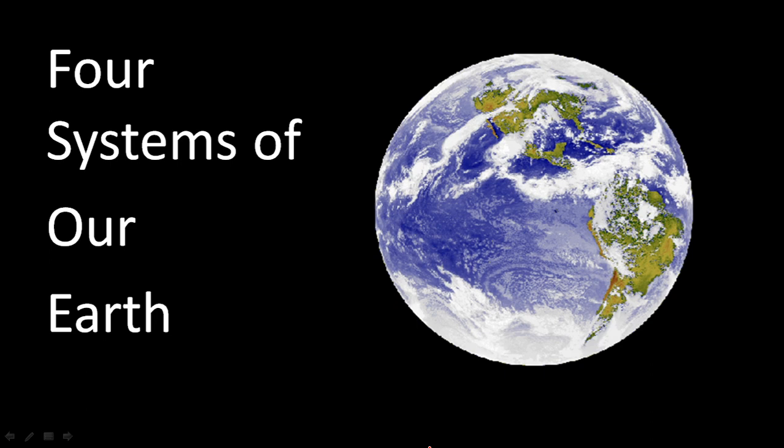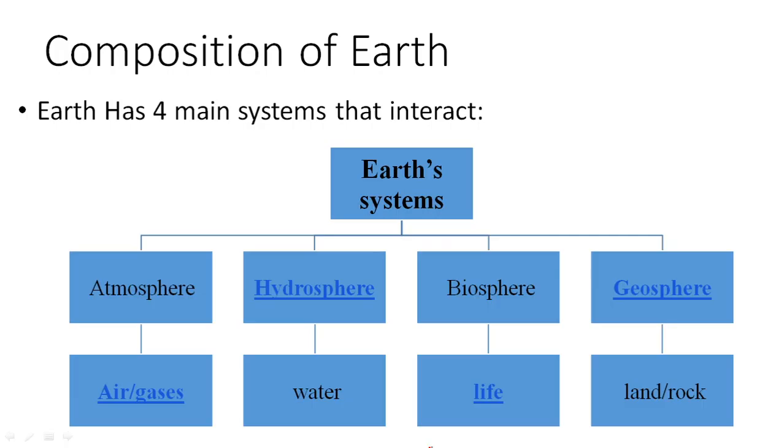Hydrosphere. We have seen already that we can divide the Earth into four systems. These systems are the atmosphere, the hydrosphere, biosphere, and geosphere.